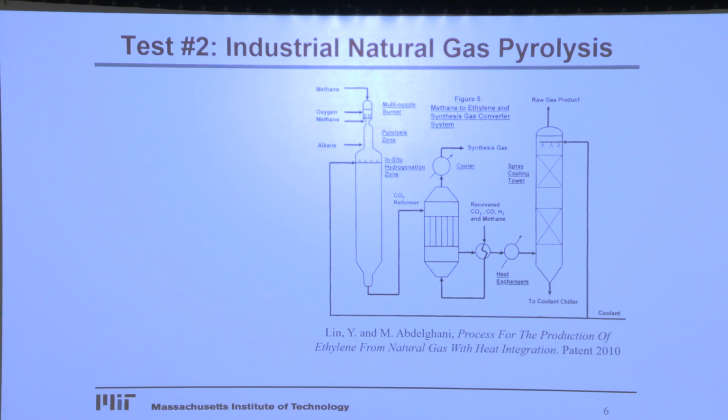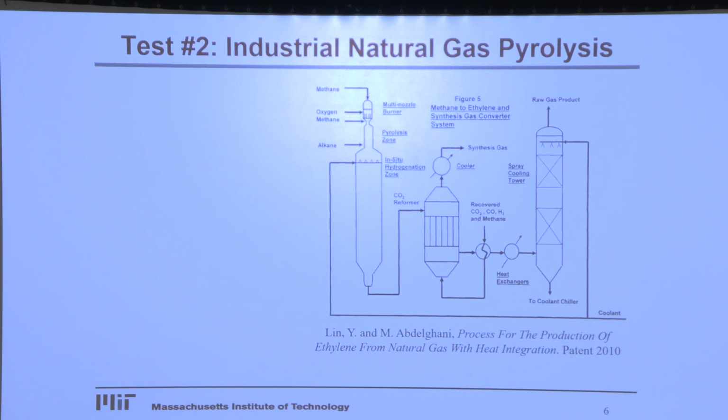Our whole chemical industry is based primarily on using ethylene and propylene as the primary feeds. But ethylene and propylene are expensive, but methane is free. You dig a hole in the ground and methane comes out. So it would really be great if you could use methane instead of trying to make ethylene and propylene some other way.